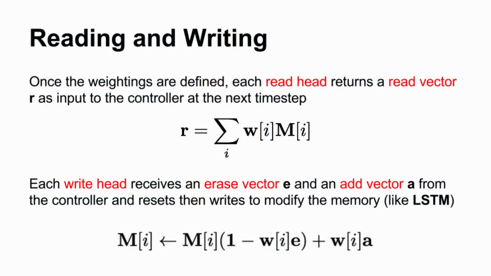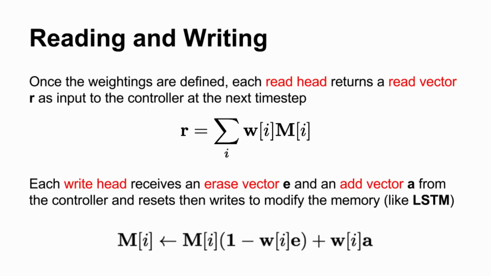It's exactly like the canonical soft attention: the attention mechanism gives you a probability distribution over rows in the matrix. That's this w_i. Then you multiply that by the content of the matrix and add this up. So you get an expected return from whatever it was that you were looking up. That's reading, which is pretty much the same as all the other attention mechanisms.